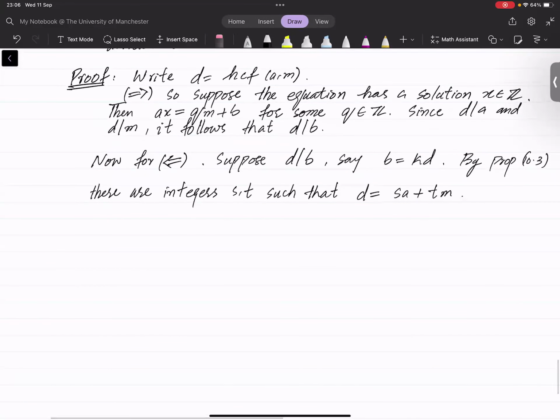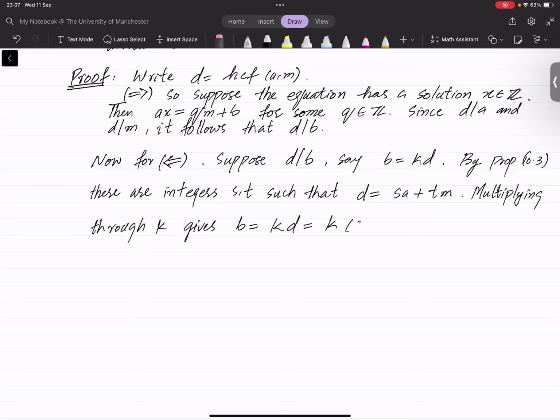Multiplying through by K gives B is KD, which is K into SA plus TM.